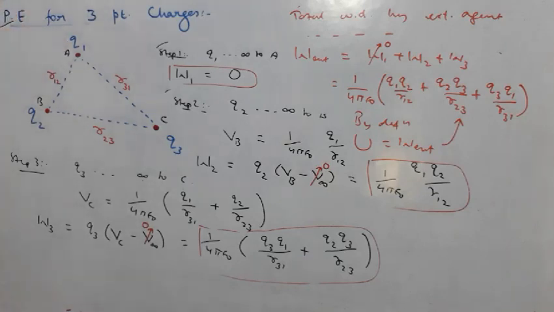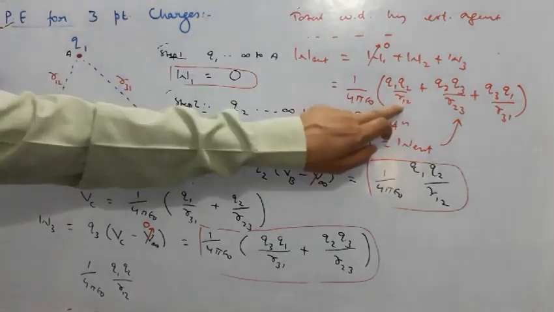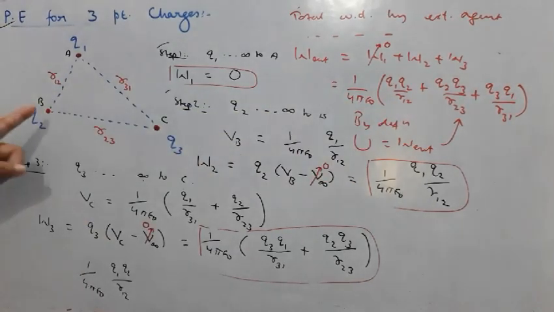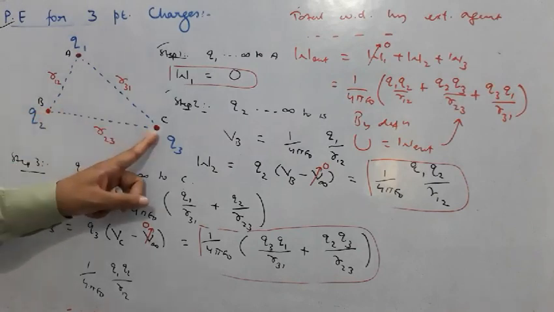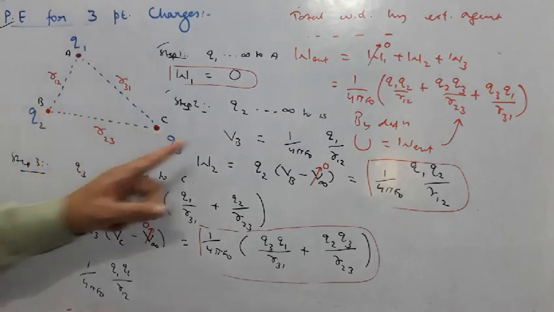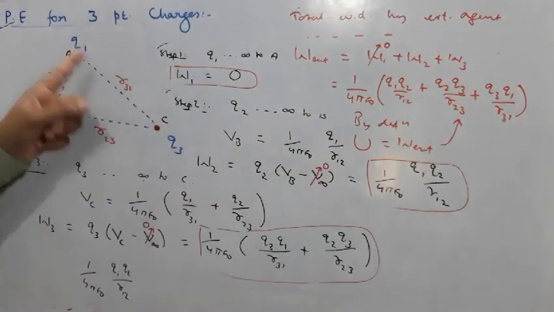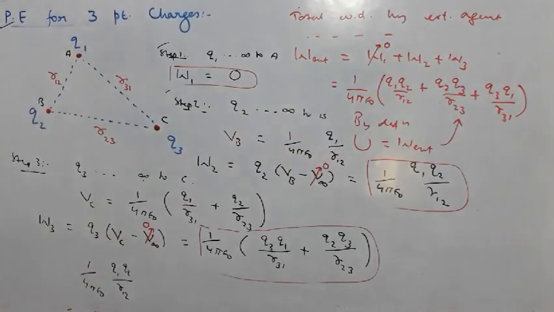For this pair, 1 by 4 pi epsilon naught Q1 Q2 by this distance, that is the first term. For this pair, 1 by 4 pi epsilon naught Q2 times Q3 divided by R23, and likewise for this pair we have got this answer.